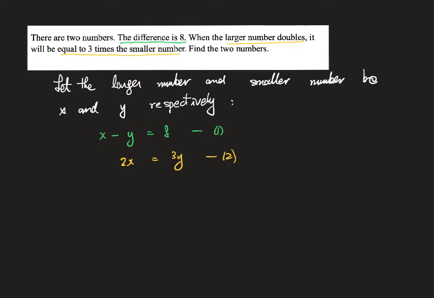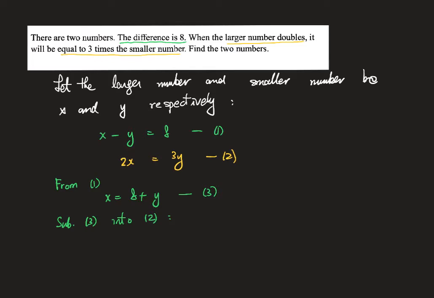Now I can try to solve these 2 equations, and this time I try to use the method of substitution. From equation 1, we have x equals 8 plus y, I call it equation 3, and substitute 3 into 2.